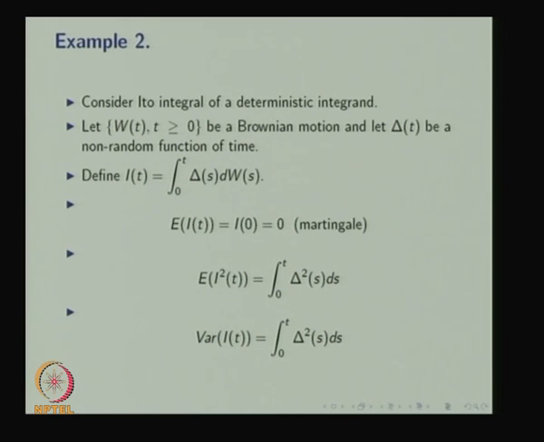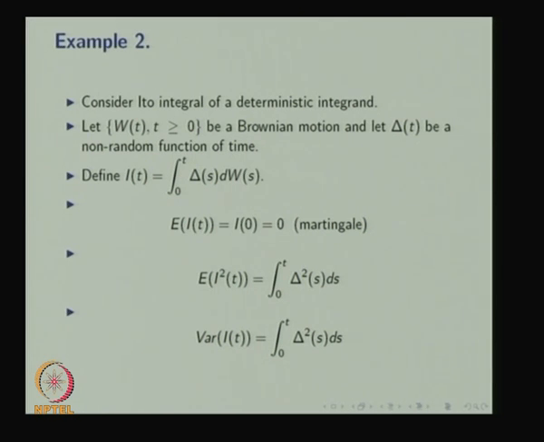Or you can use the isometry property for finding the expectation of I square, that is the same as the integral from 0 to t of the expectation of delta square s ds. Since delta t is a non-random function, the expectation of delta square s is the same as delta square s.